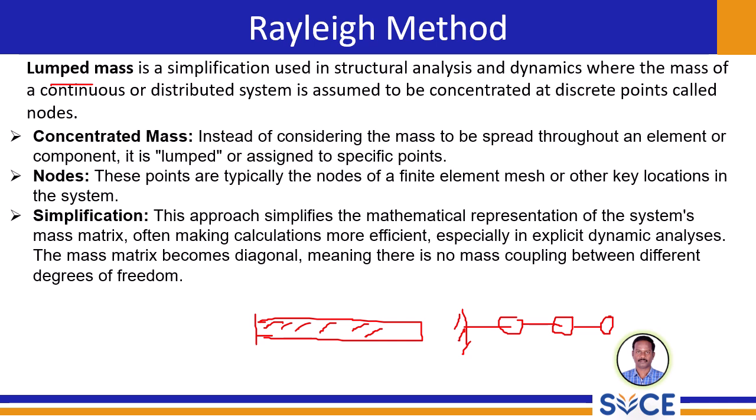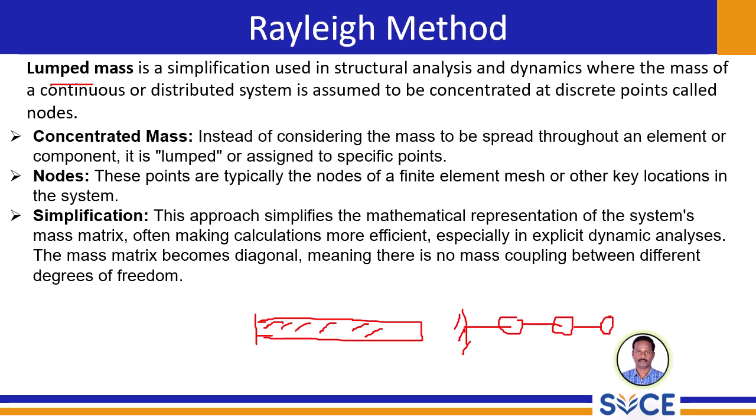For example, if it is a shaft carrying a pulley, one pulley will be attached at one node, another pulley at another. The significant advantage of the lumped mass approach is that it greatly simplifies the mathematical representation of the system's mass matrix.